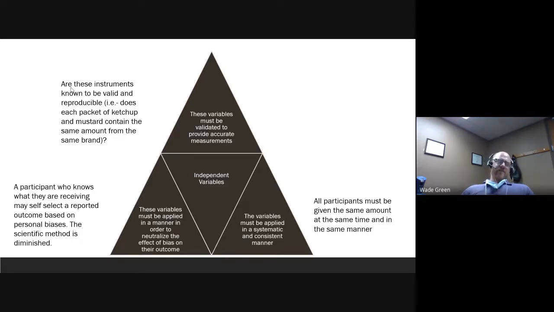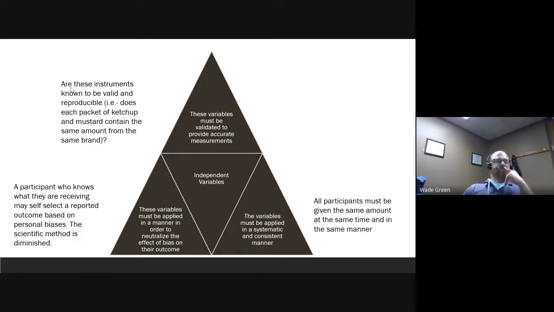So how could that work in this case? Our hypothesis is that ketchup and mustard lower perceived temperature after eating spicy peppers. However, we know that there are some people in this study that may have an opinion that ketchup and mustard already does not lower the temperature, potentially affecting their ability to participate in the experiment.